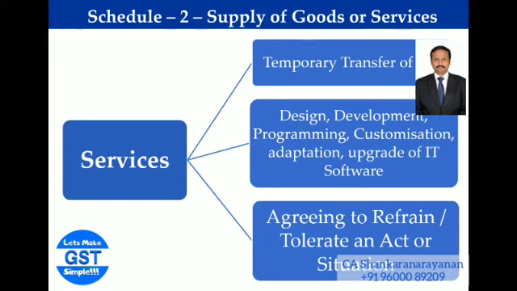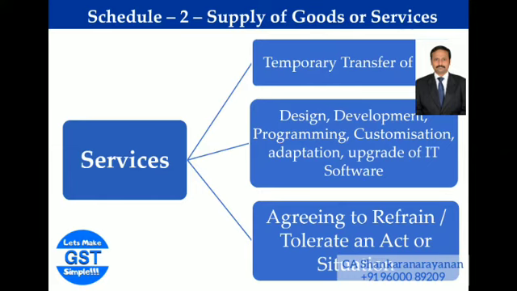Generally, for this temporary transfer, the person who is owning the intellectual property will seek something called royalty from us. That royalty you pay, that is how we'll be able to round off the taxability. That royalty that you pay is considered to be a supply of service. But if I buy the copyright itself, then it is considered to be supply of goods. That will not come under service.